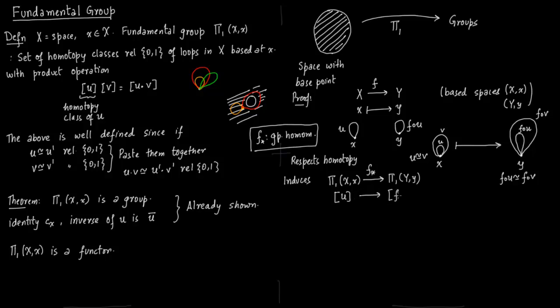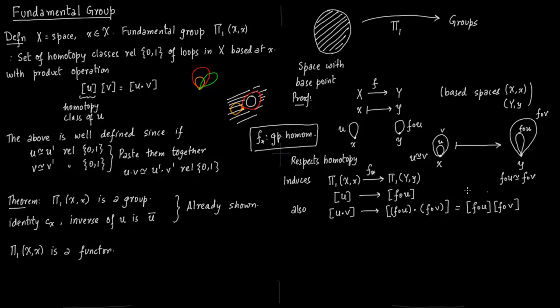So it takes a homotopy element U to f composed with U, and multiplication of two elements, say U and V, first travel U and then travel V, will go to first travel f composed with U and then travel f composed with V. If you are given a homotopy in space X, you just take that homotopy and compose it with f.